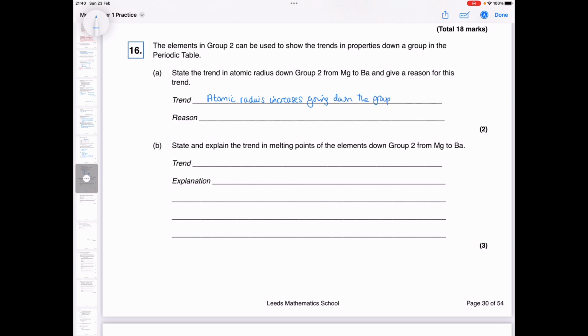And the reason for that is that each element down the group has additional electron shells which repel each other.